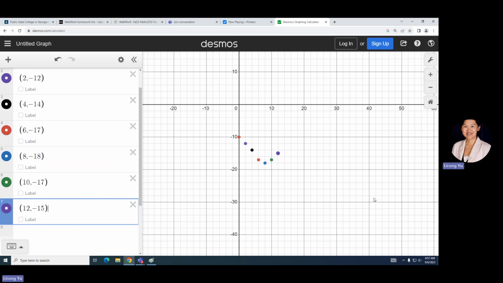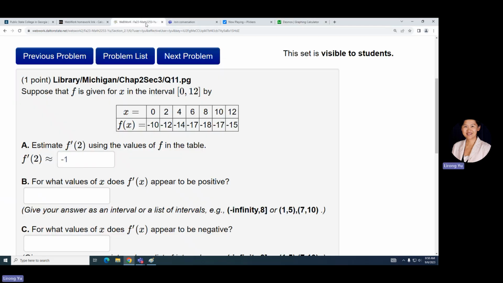Right, so you can see the function is going down, going down, going down, and starts going back up, right? I think the only point that's definitely positive is the green one, which was 10, negative 17. So back to the question, for what value of x, I'll say 10.